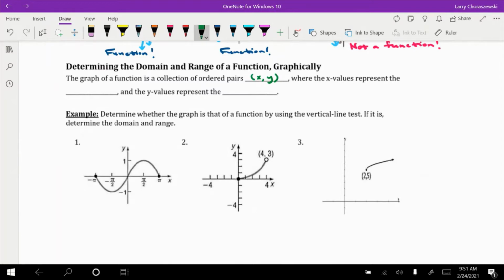So when we're trying to find the domain and range of a function based on a graph, we're trying to figure out what are all the x values being used to generate these points, and then what are their corresponding y values. When we collect all the x values that are part of the ordered pairs, we get the function's domain. And when we figure out all the y values that are being used, we get the function's range.